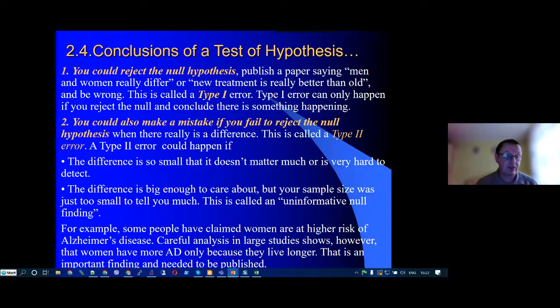This happens when the difference is so small it does not matter much, or it's very hard to detect, or the difference is big enough to care about, but the sample size was too small or not representative to tell you that much, giving uninformative null findings.